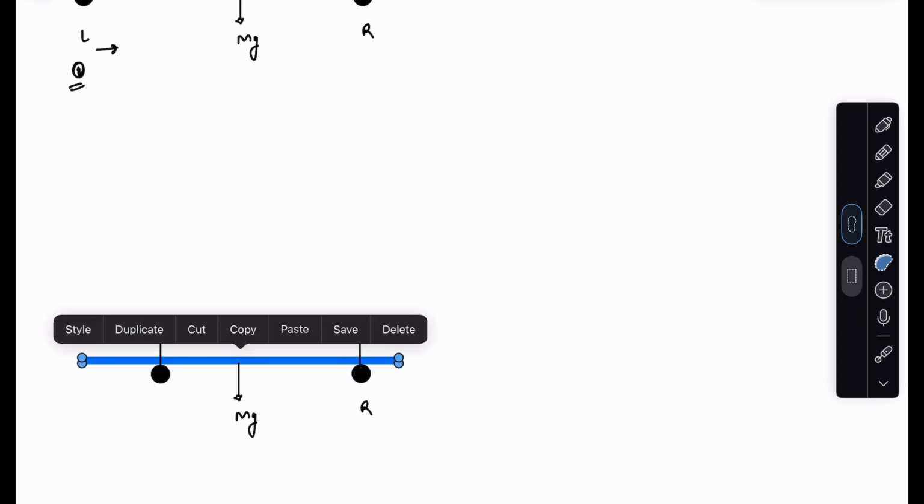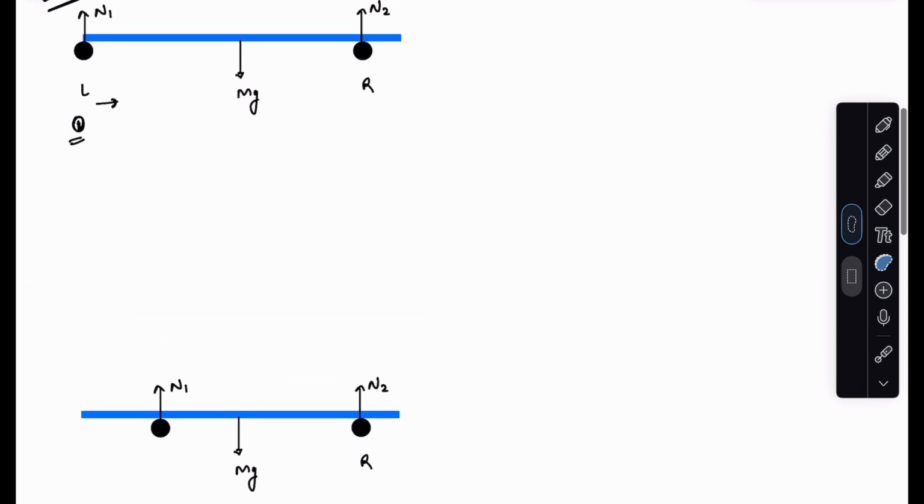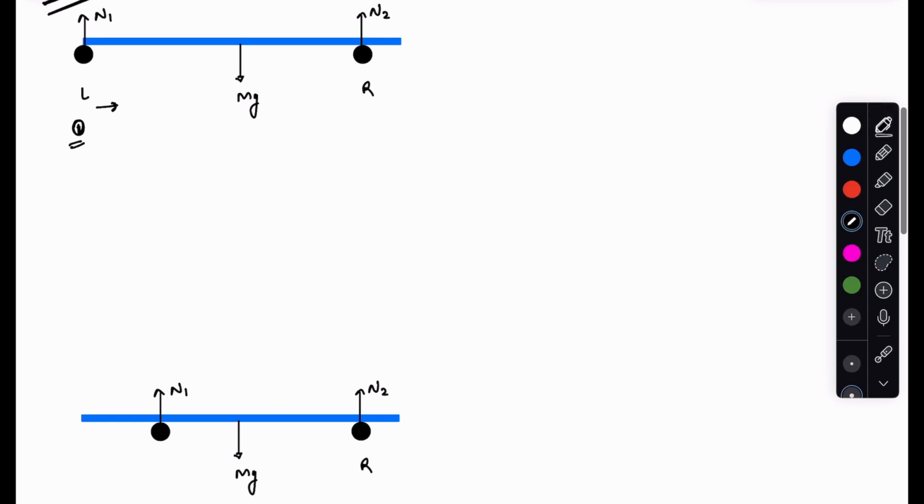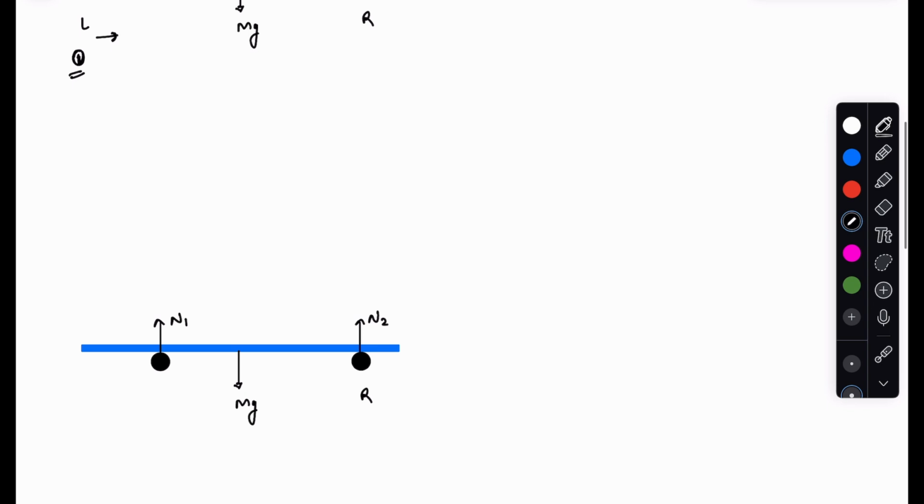Let me call these normals like this. Right now this normal is nl1 and this is nr1, and here it becomes nl2, and the normal will also change, nr2.